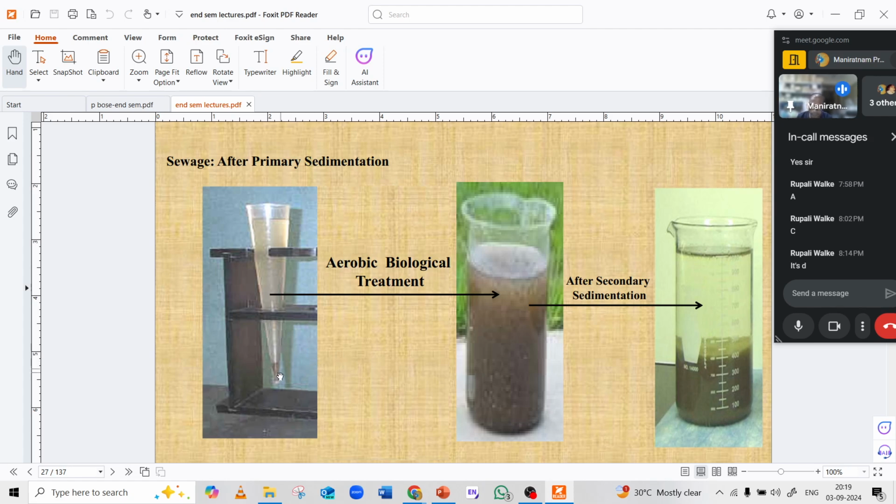Generally it is kept for 1 hour, I'm not remembering whether 1 hour or 24 hours, and suppose the settled volume is 10 ml, so we say that it is 10 ml per 1000 ml. So this is how SVI is defined.